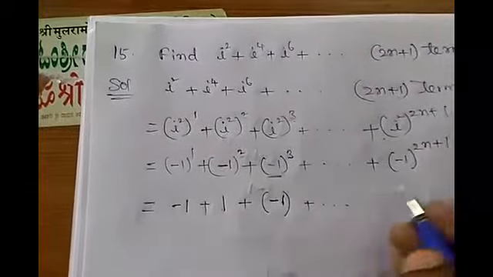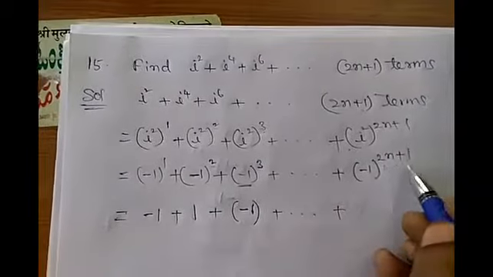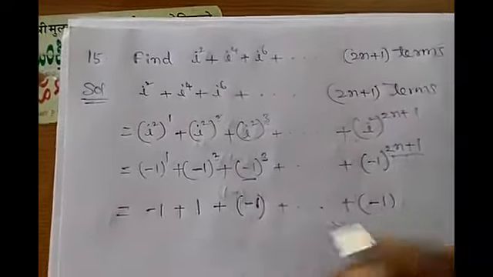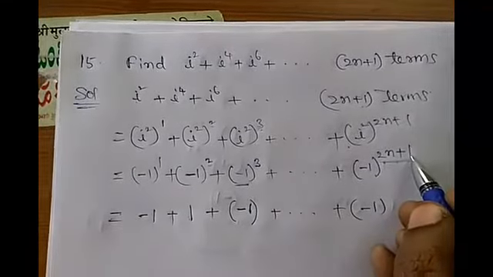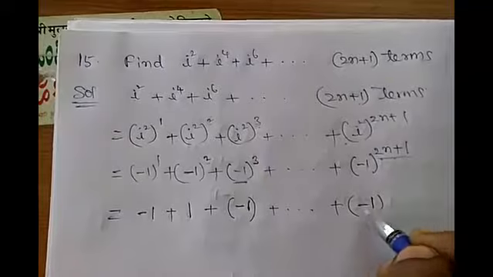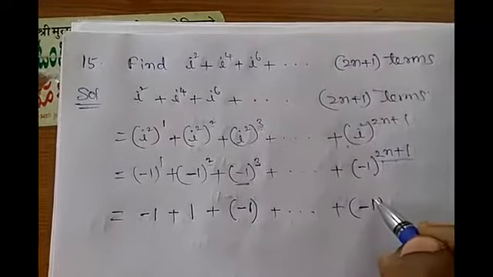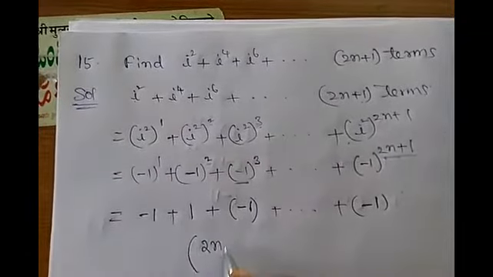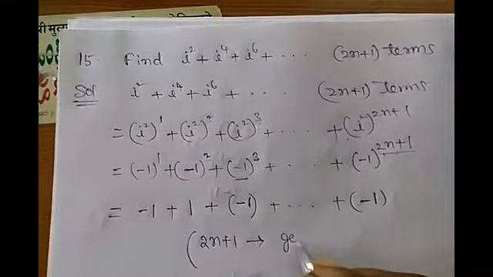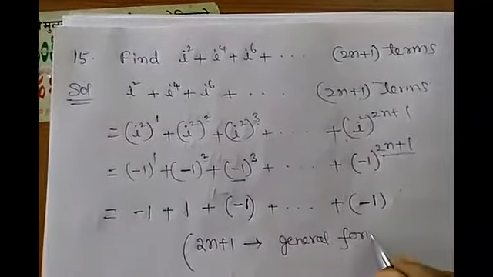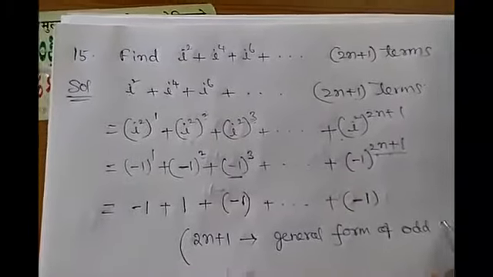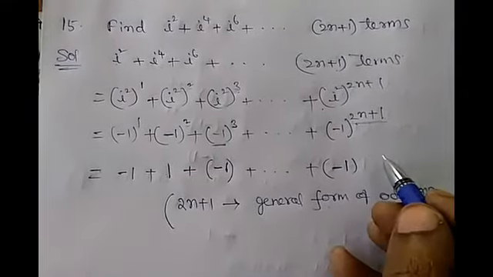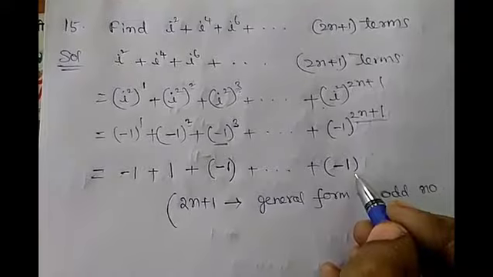Understood? Now, minus 1 whole power 2n plus 1. What is 2n plus 1? 2n plus 1 is an odd number, the general form of an odd number. So if the power of the negative number is odd, then you get a negative value.